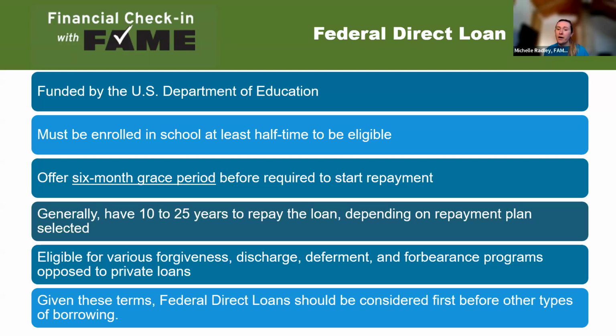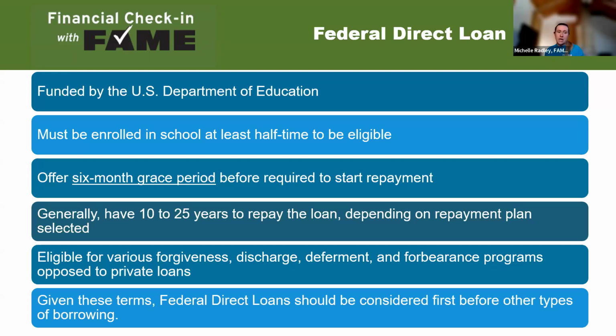They also have other benefits, like a variety of different repayment plans. Depending on what works best for you, you could have anywhere from a 10-year to a 25-year repayment period. There are income-based repayment plans, and there are standard or gradual payment plans, so you have additional flexibility.